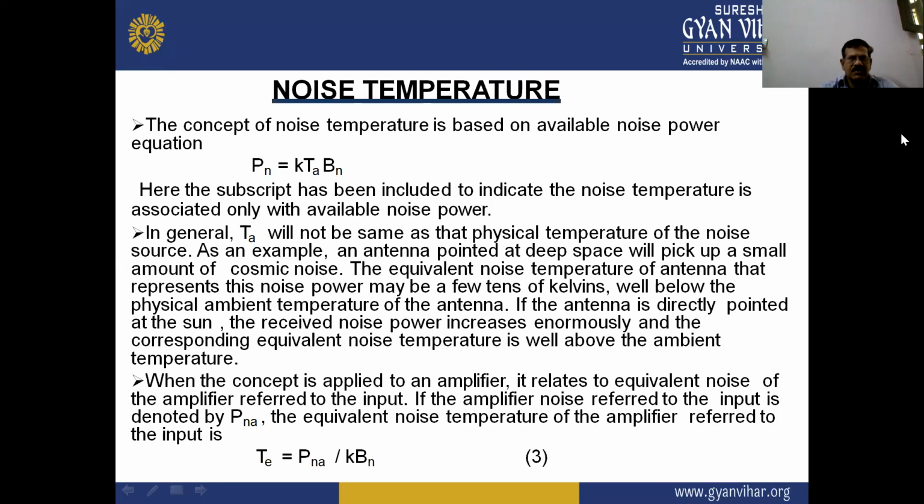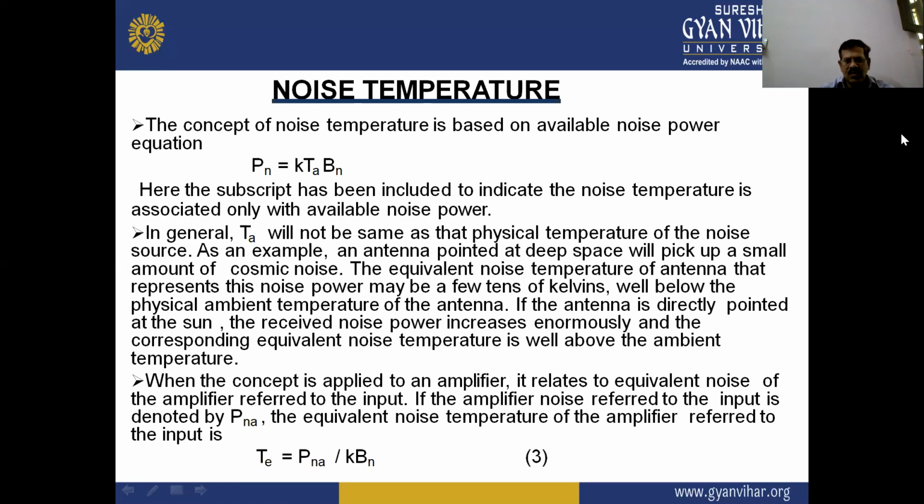Next, the noise temperature. The concept of noise temperature is based on the available noise power equation Pn equal to k T Bn. So the concept applied to an amplifier is related to the equivalent noise of the amplifier referred to the input.